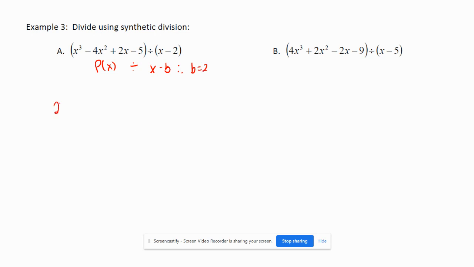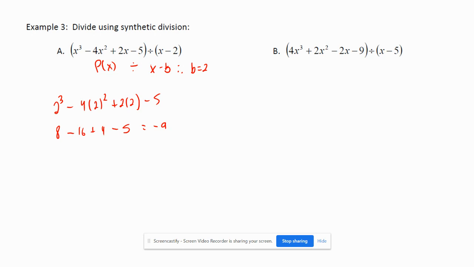That means we have 2 cubed minus 4 times 2 squared plus 2 times 2 minus 5. 2 cubed is 8. 2 squared is 4, times 4 is 16. 2 times 2 is 4, minus 5. So 8 minus 16 is negative 8, plus 4 is negative 4, minus 5 is negative 9.